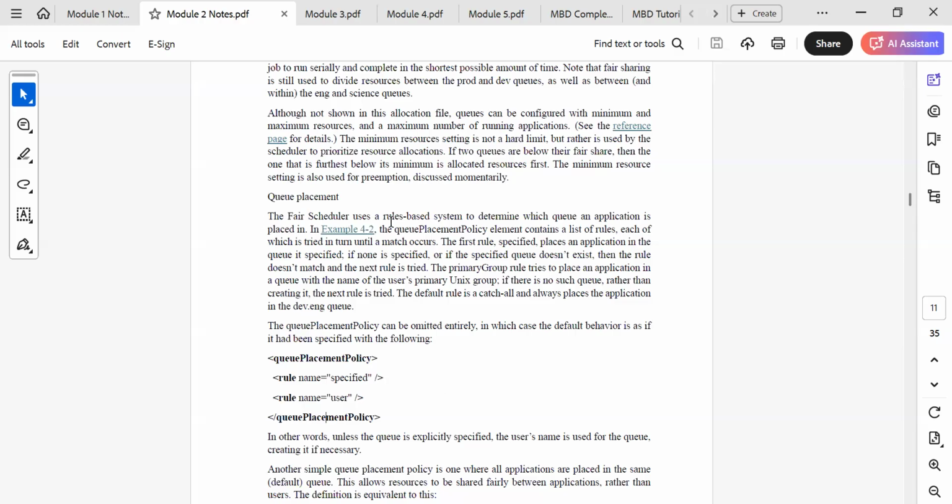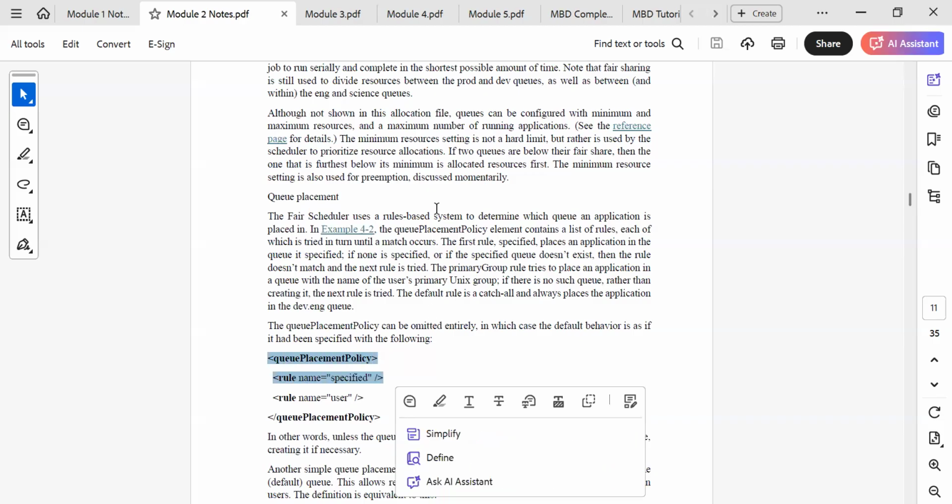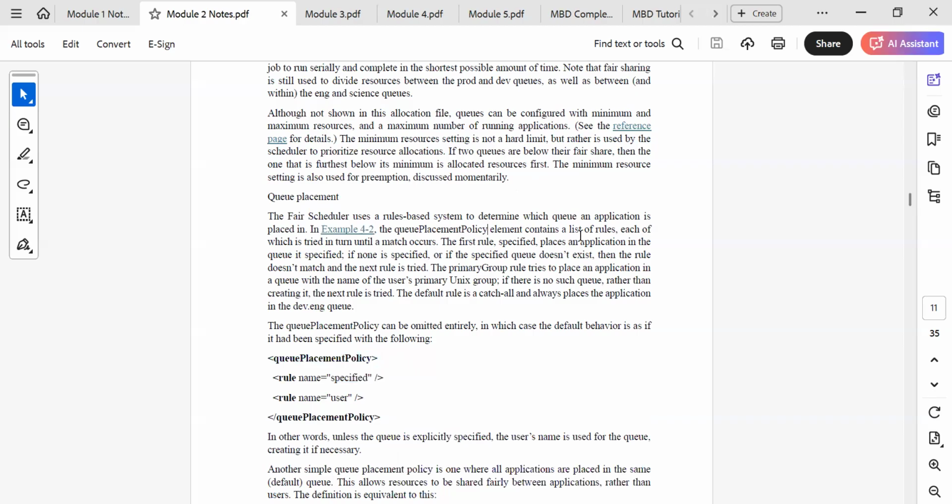The fair scheduler uses a rule-based system to determine which queue an application is placed in. A diagram and an example are listed out. In the example, the queue placement policy has the rules specified and user. In the XML coding pattern, the queue placement policy element contains a list of rules, each of which is tried in turn until a match occurs.